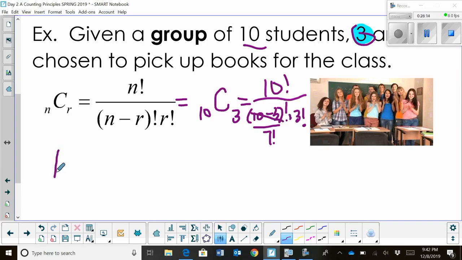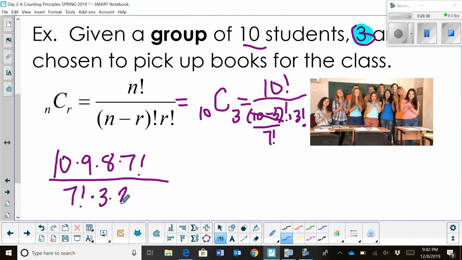So let's write it out as 10 times 9 times 8 times 7 factorial on top, all divided by 7 factorial times, and I'm going to write the 3 out, the 3 times 2 times 1, so we can do some reducing.